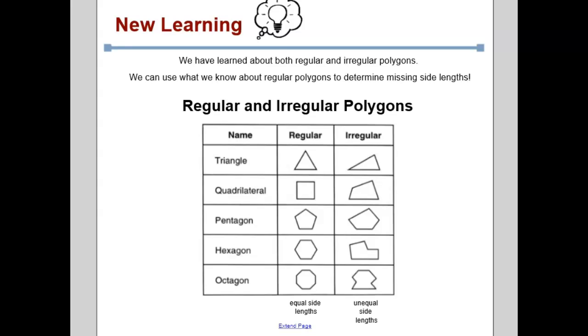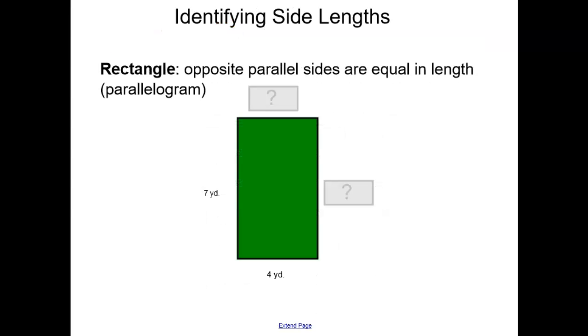So let's use this new information to determine the covered up side lengths for this rectangle. I know a characteristic of all rectangles is that their opposite parallel sides are equal in length. We know that rectangles are classified as parallelograms.